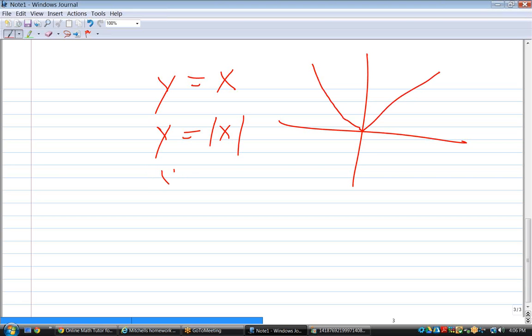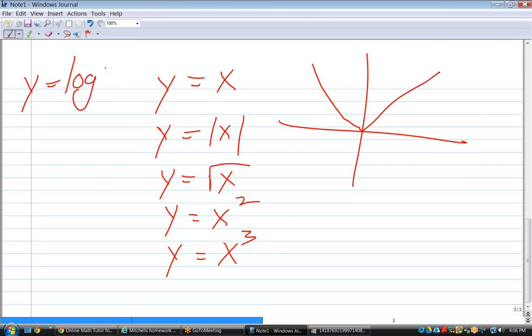Let's see if I can list the standard functions. There's that, there's x squared, there's x cubed. Each of these is a different elementary function. There's log x, there's y equals b to the x, there's y equals sine x.